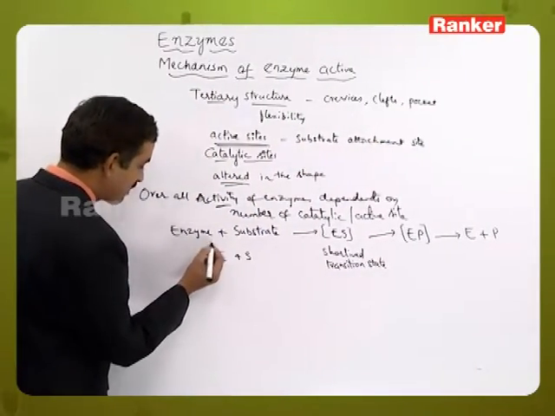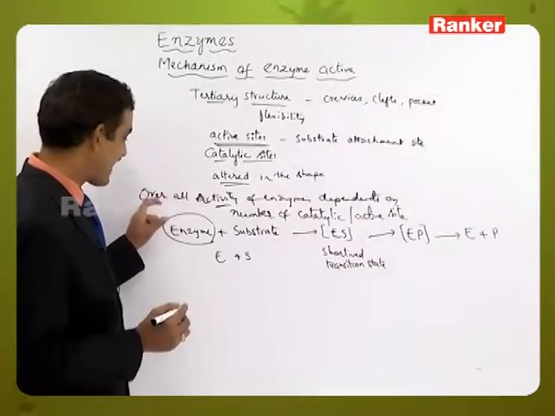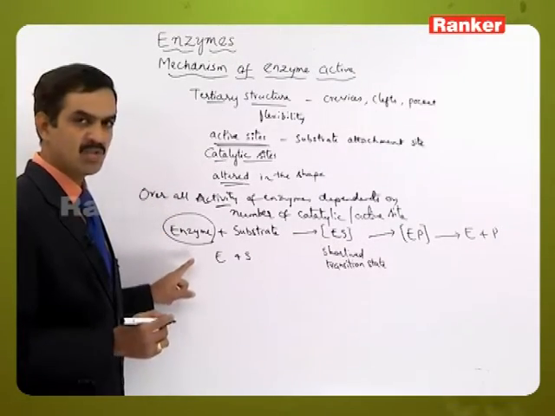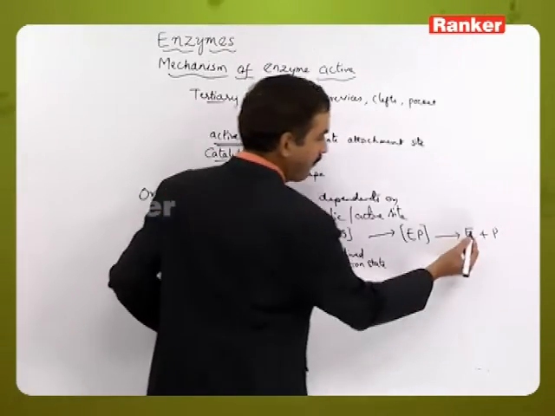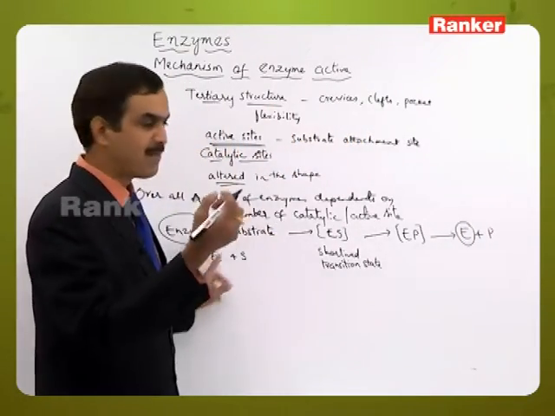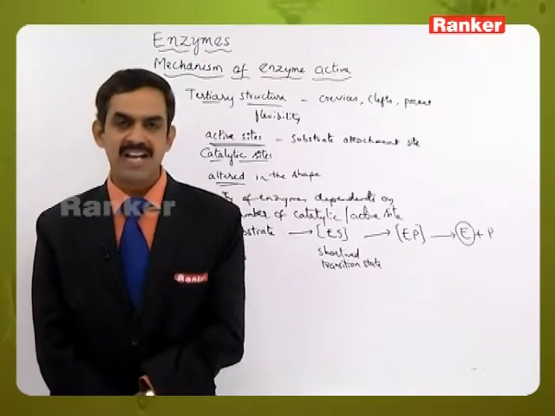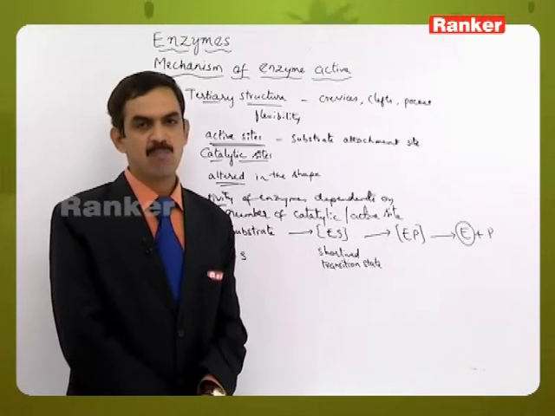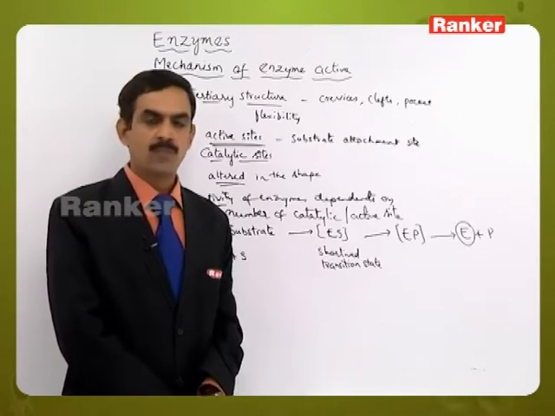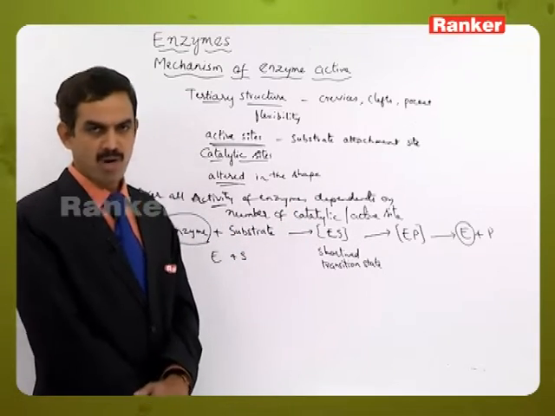Whatever the nature and properties of the enzyme which was participating in the reaction, the same nature, properties and characters will be there with the enzyme coming out from the reaction. That means there is no change in the nature, structure, size and shape of the enzymes. Only the substrate is converted into the product molecule.